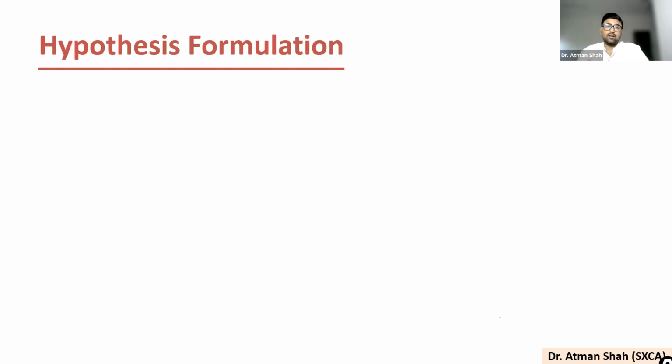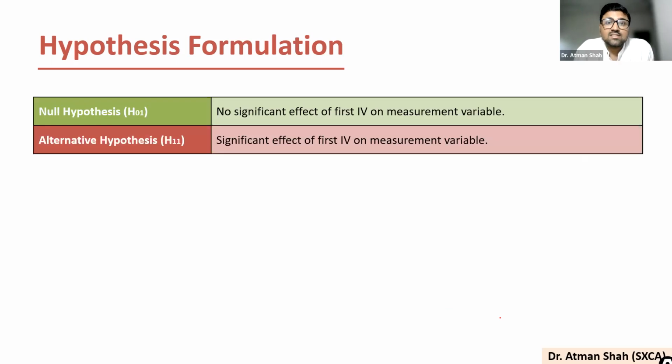How to formulate null and alternative hypothesis. This is very important in two-way ANOVA. So we have three sets of null hypotheses: two sets of null and alternative hypotheses for individual effect and one for interaction effect. So the first null hypothesis is there is no significant effect of the first independent variable on the measurement variable.